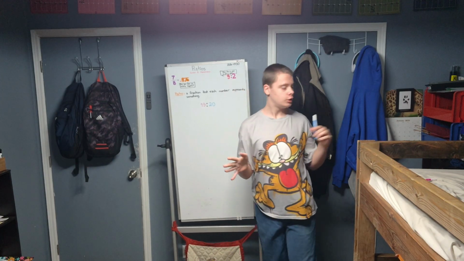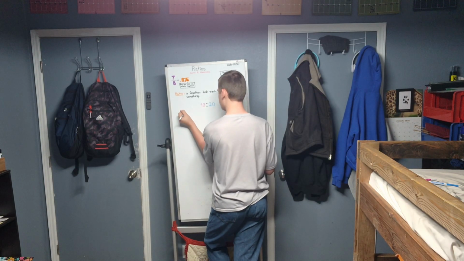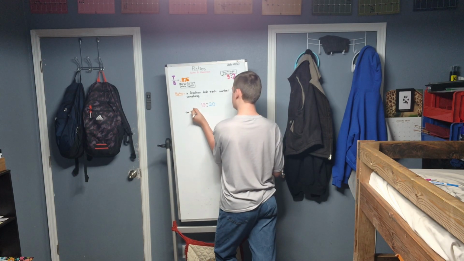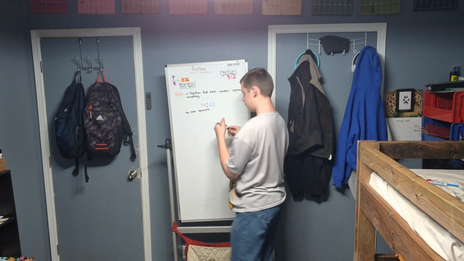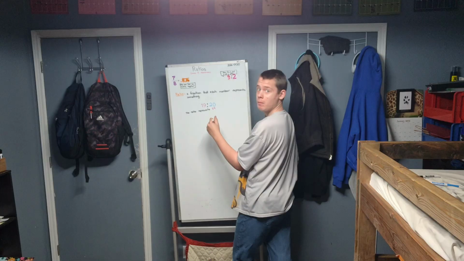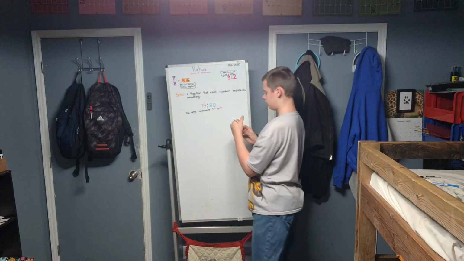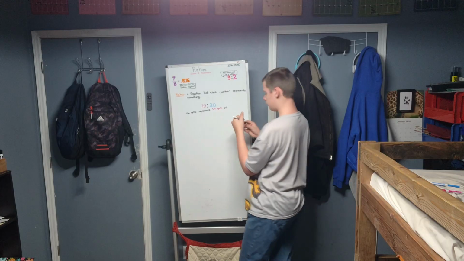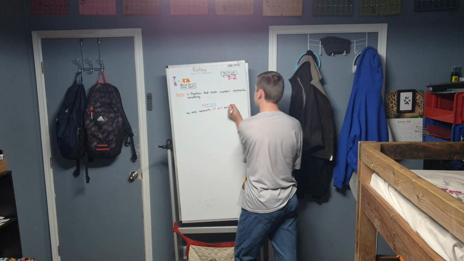We can make a sentence with this. The ratio represents 19 girls and 20 boys.